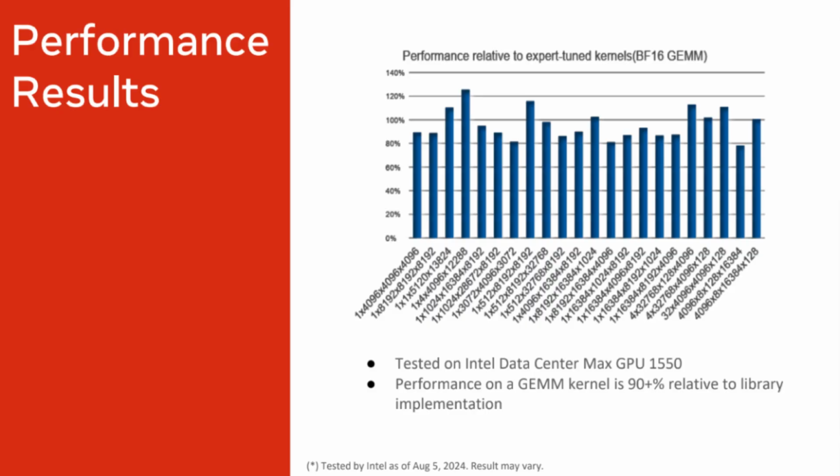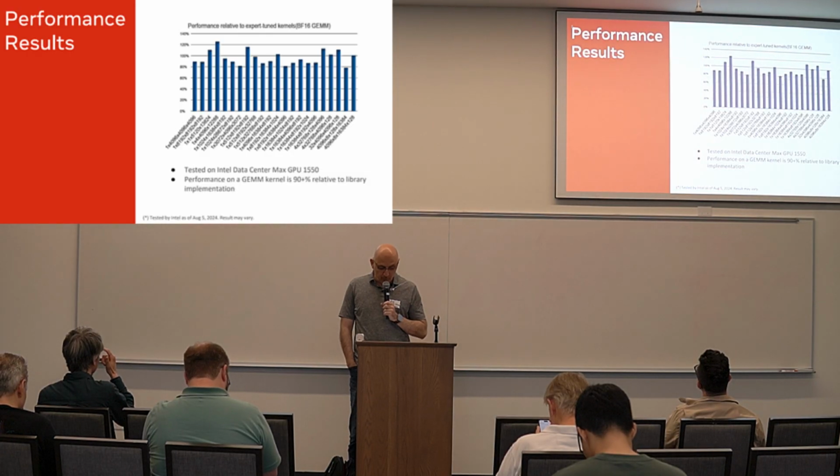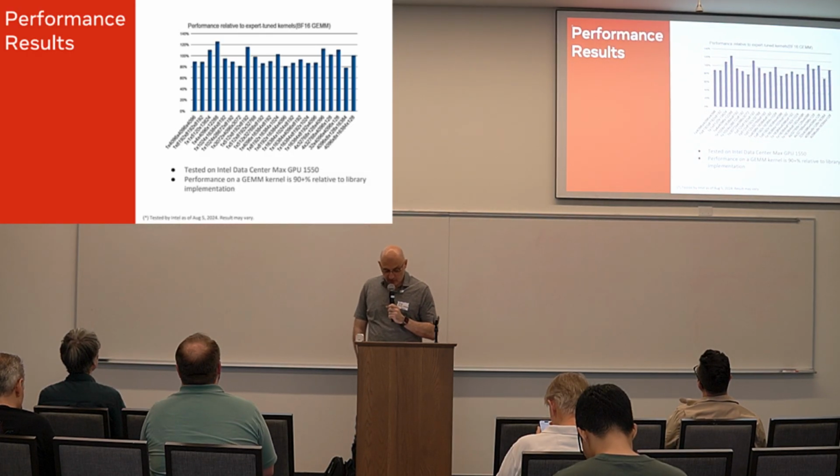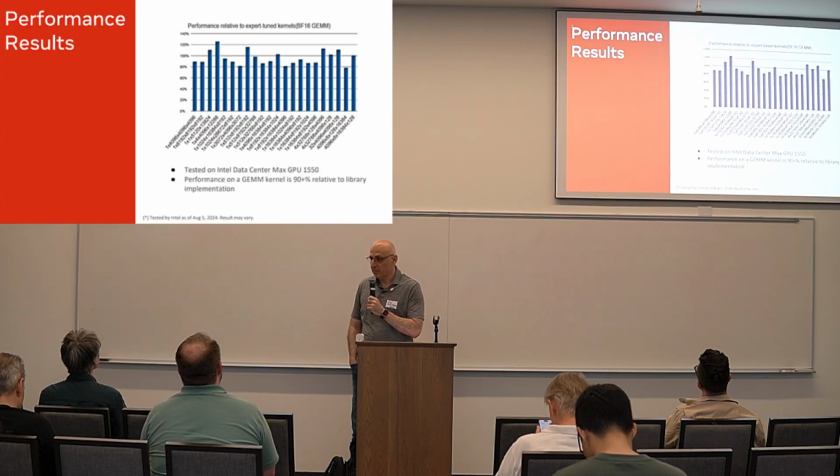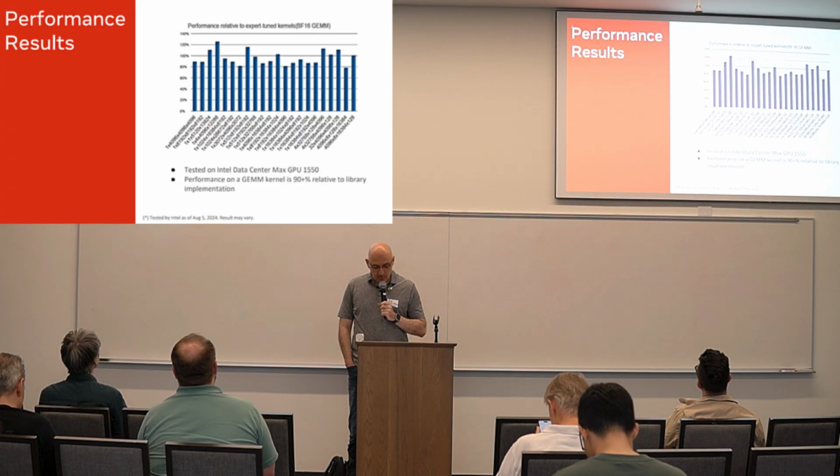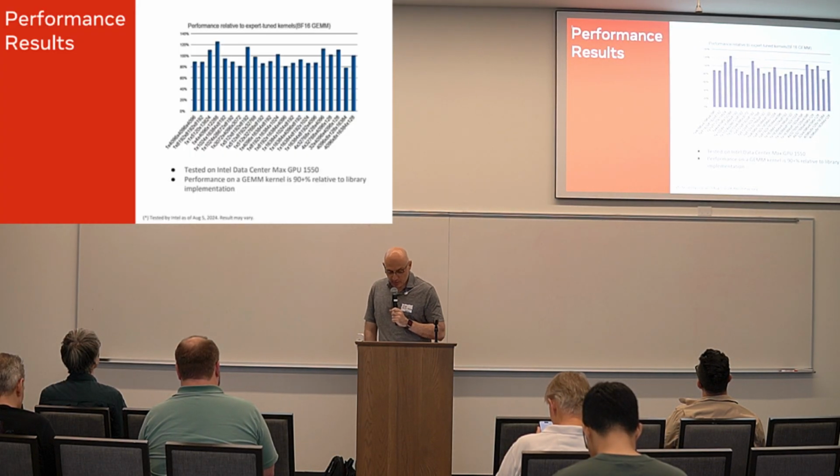And here are some performance numbers relative to the handwritten kernels written in a library similar to Cutlass, or you can think of it as over Cutlass. These are matmuls, and the first number is the batch, and then the dimensions M, N, K. Overall, we are getting 90+% of the performance of the handwritten kernels, which is pretty good. And there's still headroom for optimization.